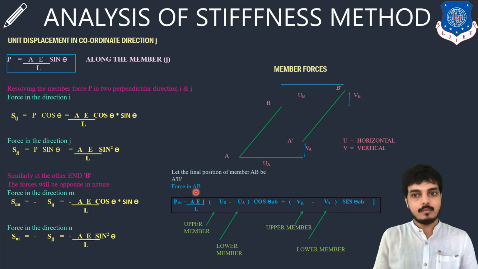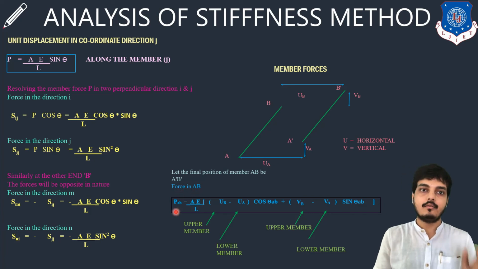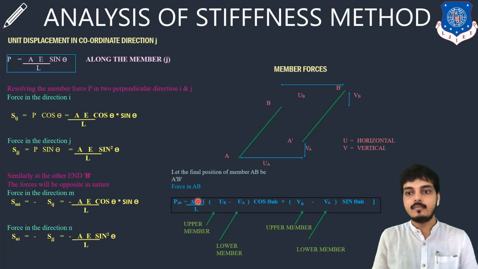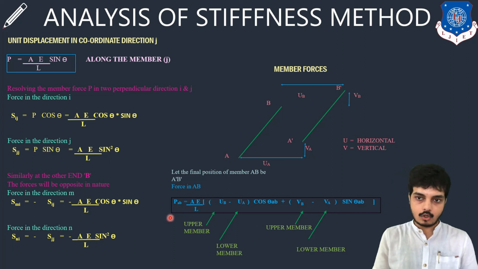So the force in AB is nothing but PAB. For the AB member it is PAB equals A upon L, taken out common, times UB for horizontal minus UA for horizontal. Here it is for the upper joint, and here for the lower joint.